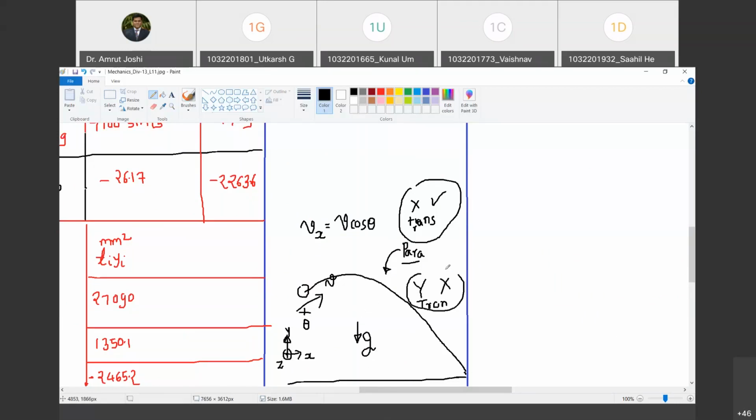Yes, sir. And Z anyway we are not bothered about because this motion occurs in XY plane. Happy? Yes, sir. So therefore a body may exhibit translational equilibrium along one direction, but that does not necessarily mean that it is in translational equilibrium as far as other directions are concerned. Are you with me? Yes, sir.